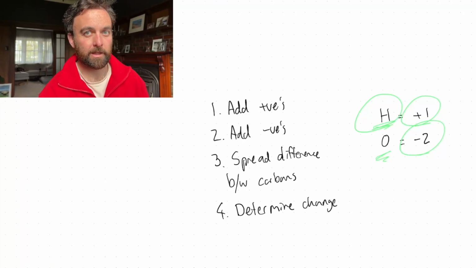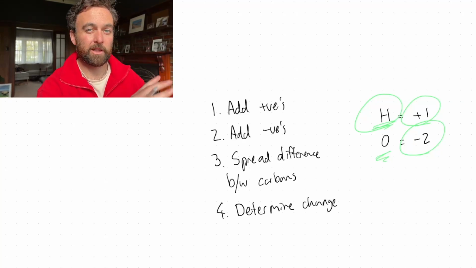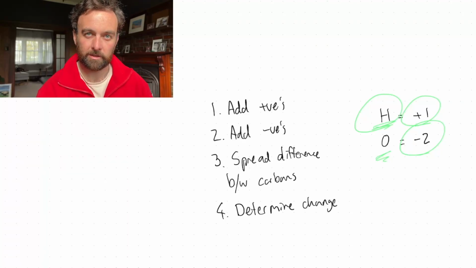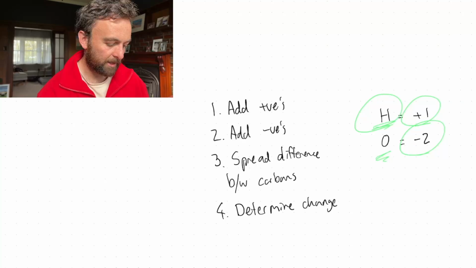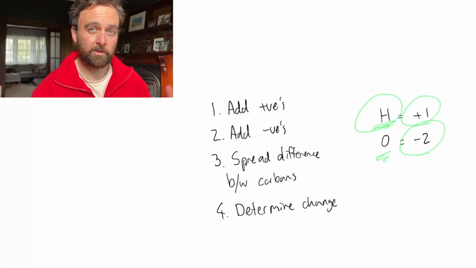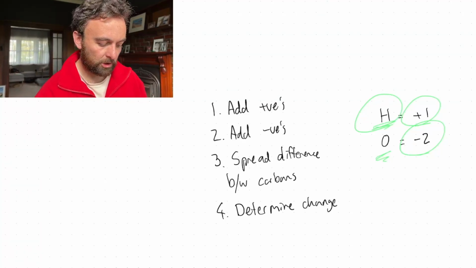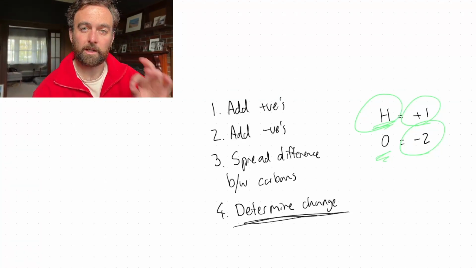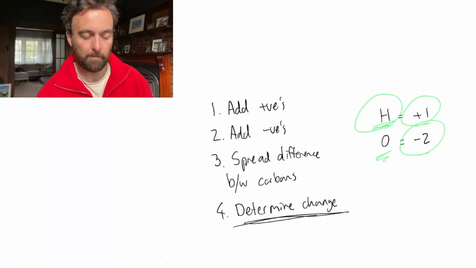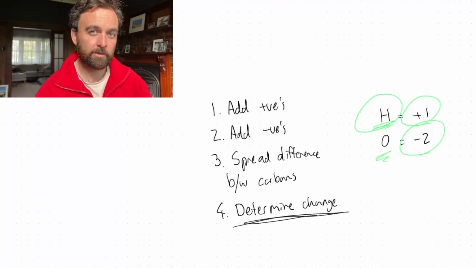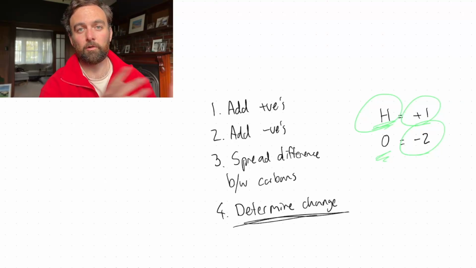One little caveat to that is if the molecule's charged. If the molecule has a -2 charge, you need to add up all the carbons so that it equals -2. This will make more sense when we go through an example, but I just wanted to lay the foundations here. To determine if it's a redox reaction or not, we see if the number on any of those carbons, called an oxidation number, changes between the reactant and the product.